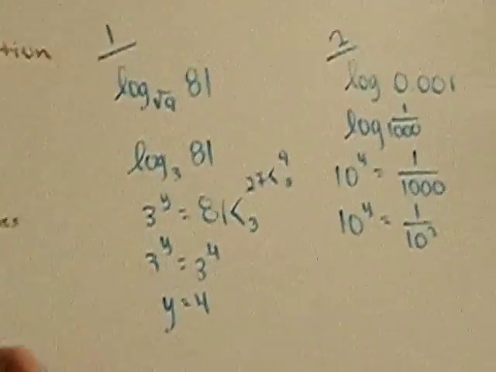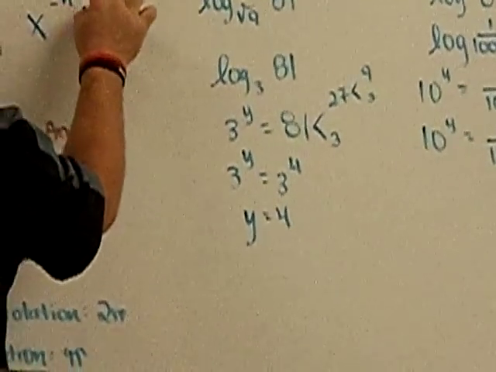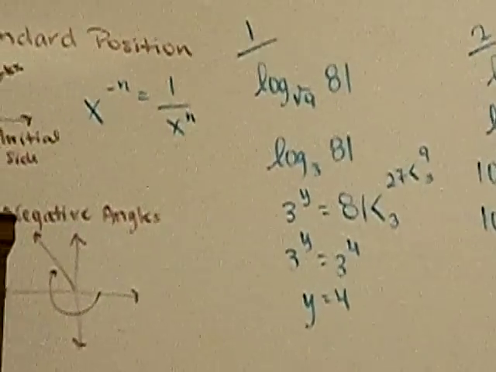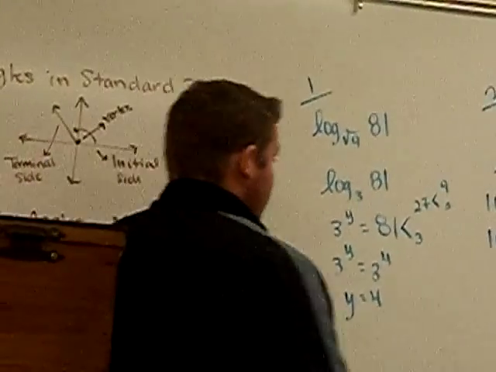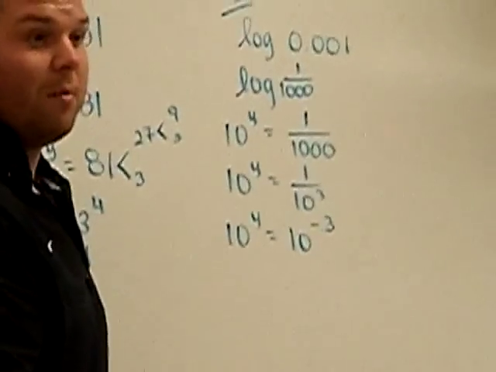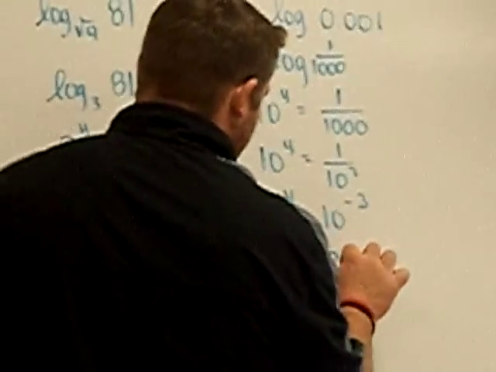Remember, we had the property: x to the negative n equals 1 over x to the n. So if I want this in the numerator, we have 10 to the y equals 10 to the negative 3. Two bases are the same, drop them, set the exponents equal to each other. What is y equal? Negative 3.